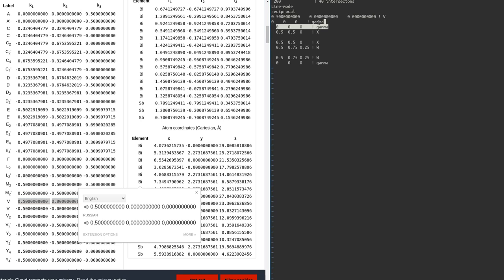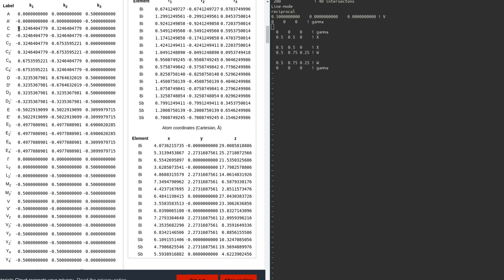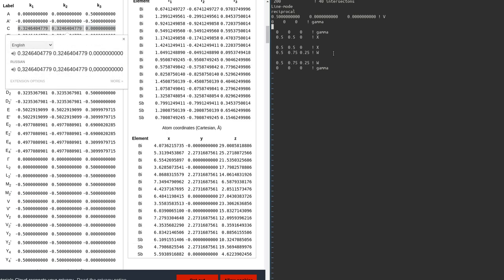So the second high symmetry point is gamma. So it goes from V to gamma, and between V and gamma we will have 200 kpoints. Between gamma and C we will have 200 kpoints as well. And let's just insert it here, and this is C.